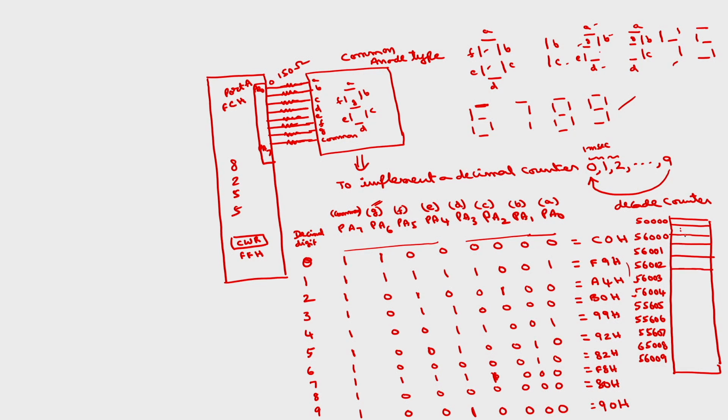Here I am going to store C0, F9, A4, B0, 99, 92, 82, F8, 80 and then 90.